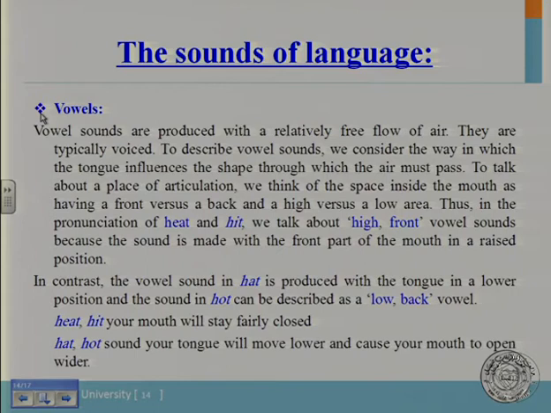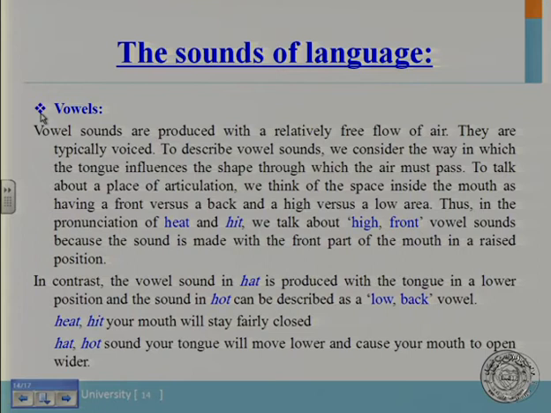Thus, in the pronunciation of, for example, the words heat and hit, see, heat, hit, we talk about high front. What does it mean, high front? The place and the manner of articulation here are not described by articulators.